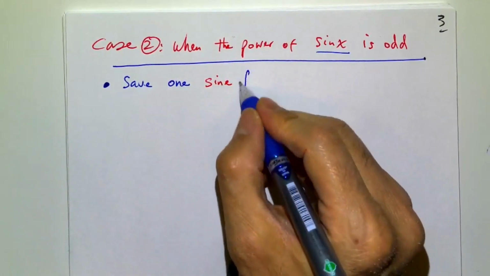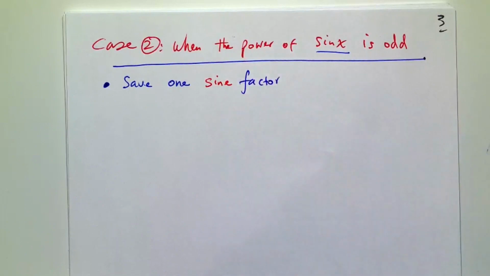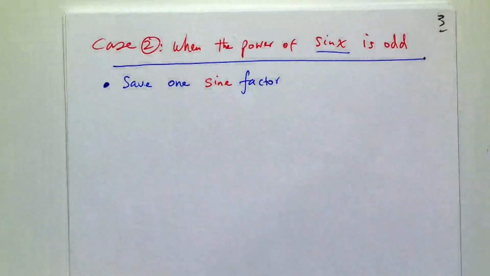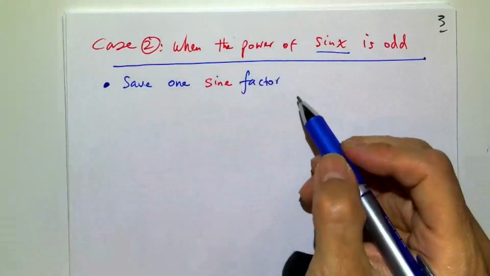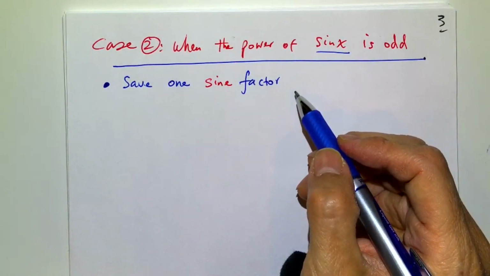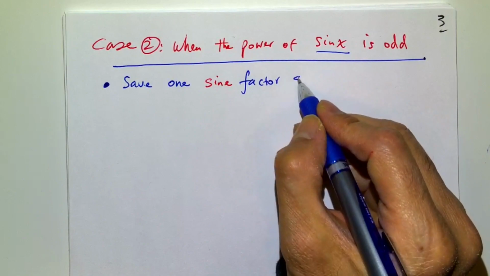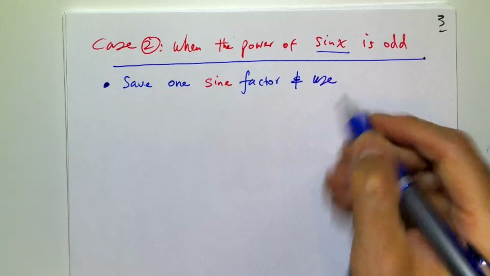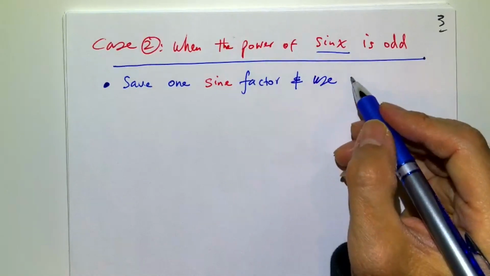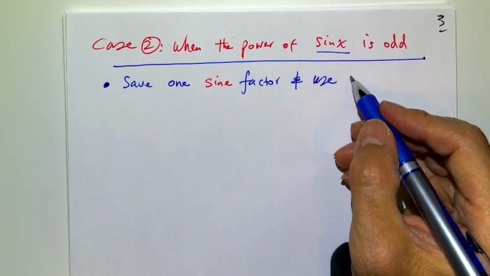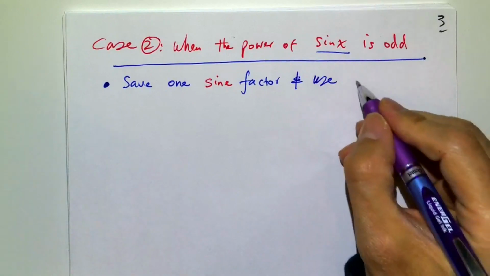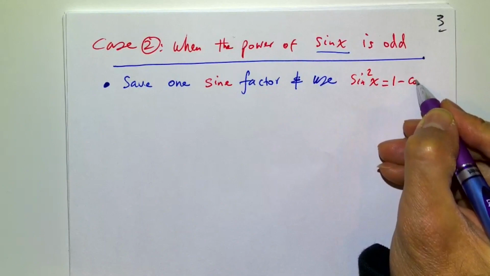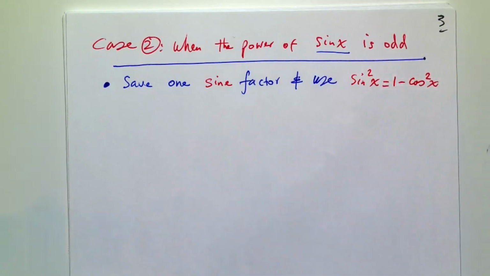Last time, when the power of cosine of x was odd, we saved one cosine factor, right? Here we want to save one sine factor and use the same squared identity from trigonometry. Let me write that again. This time, sine squared x equals 1 minus cosine squared x.